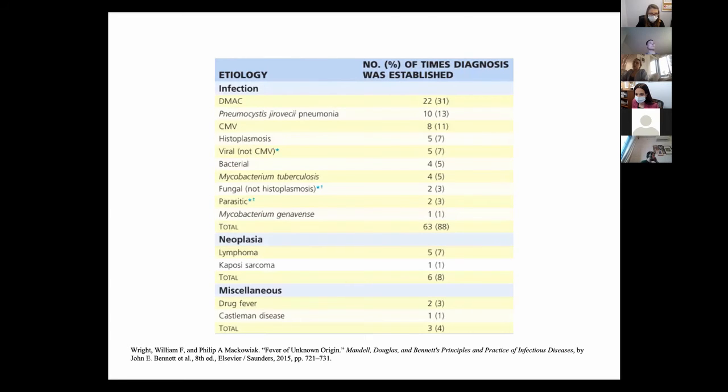So DMAC is disseminated MAC, most common, and this is a cohort from the U.S. PCP, CMV, histo, other viral infections. And then lymphoma making up about 7 or 8%.